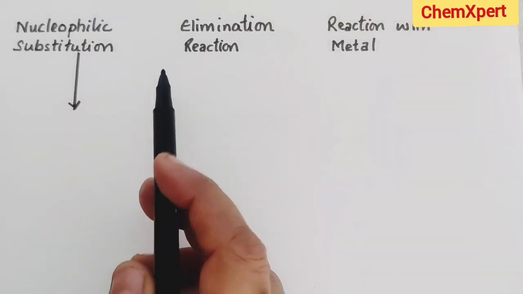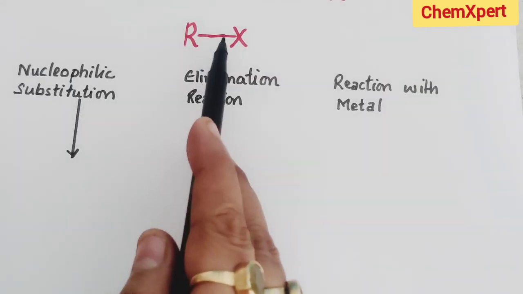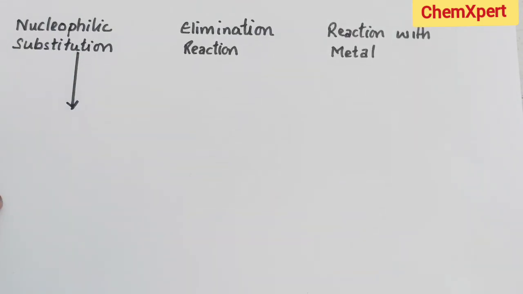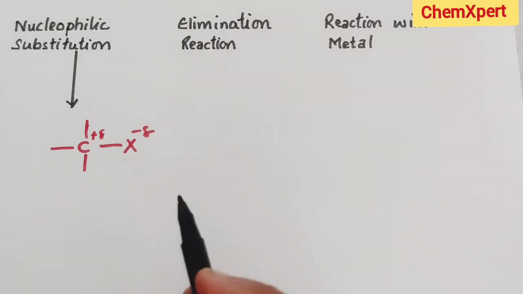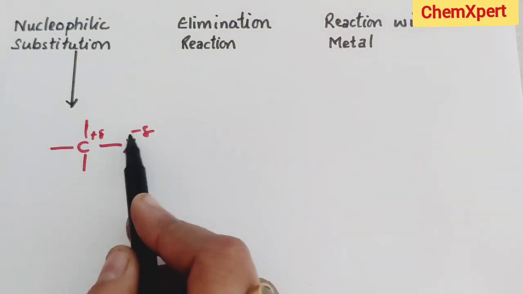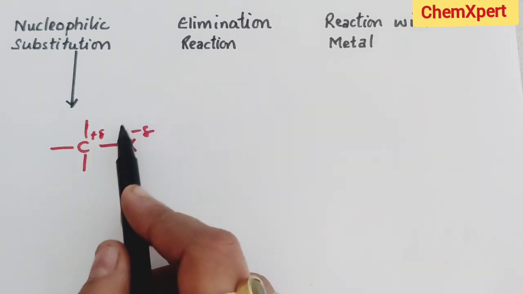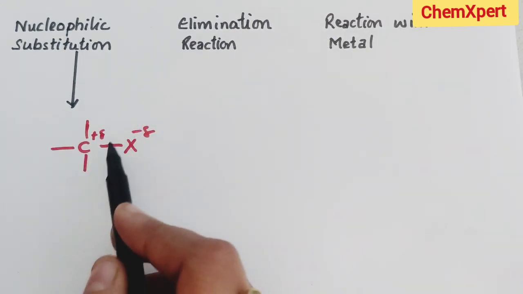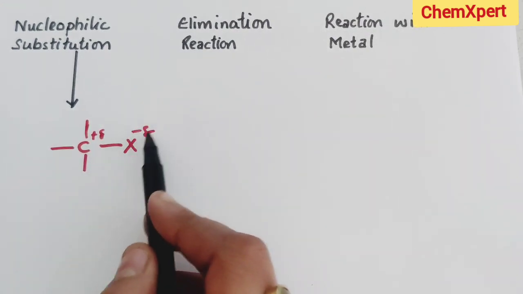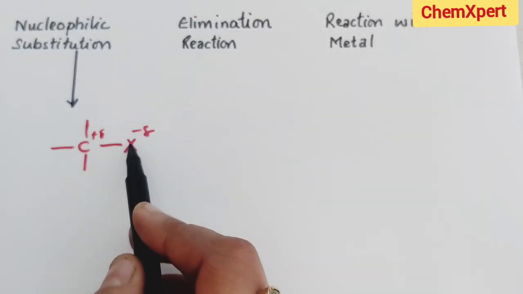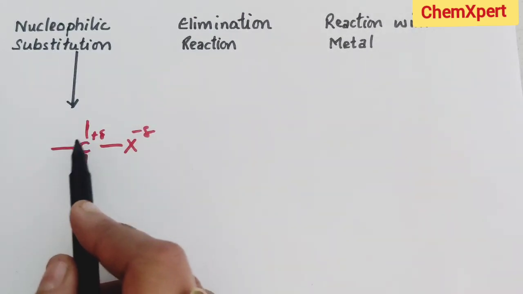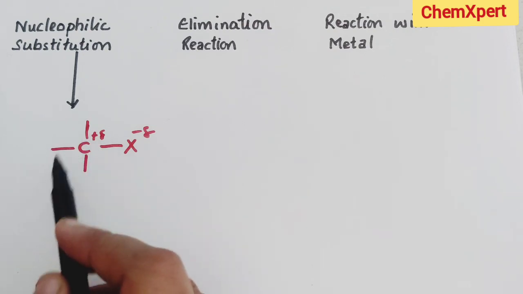Now the first question arises here: why does haloalkane undergo this nucleophilic substitution reaction? As we know, in haloalkane, because of this halogen, the C-X bond is polar in nature, where X is electronegative and gains a slightly negative charge, and the carbon is somehow electropositive.